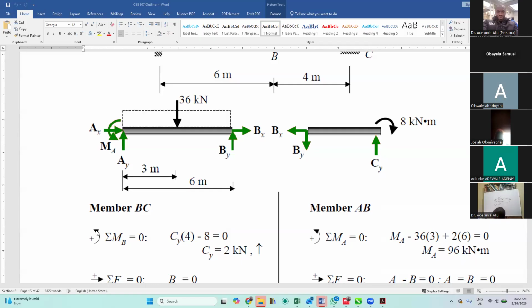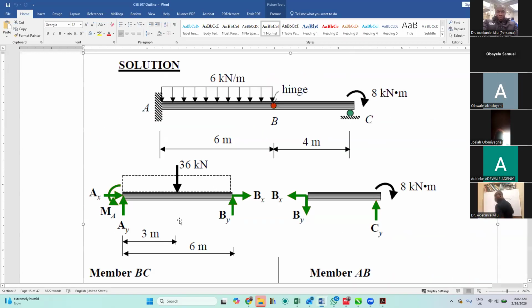Now, in this particular instance, we have member A to B and B to C. Let us look at member A to B, then I can be talking about B to C. Now, in this member A to B, if we want to solve it, we have to take moment to a particular point.